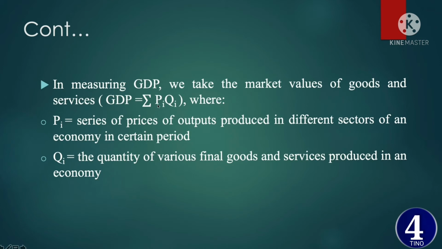So output 1 times price 1 plus output 2 times price 2 plus output n times price n will give us GDP, which is the total market value of goods and services produced in a given country within a boundary at a given period of time. So P_i stands for the price of a given product and Q_i stands for the quantity of a given output.